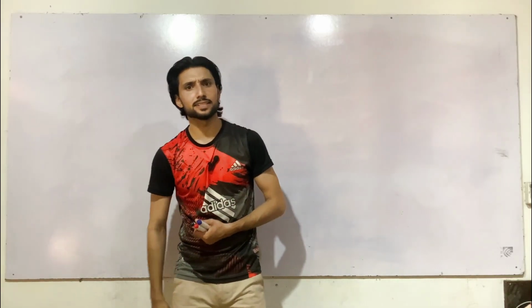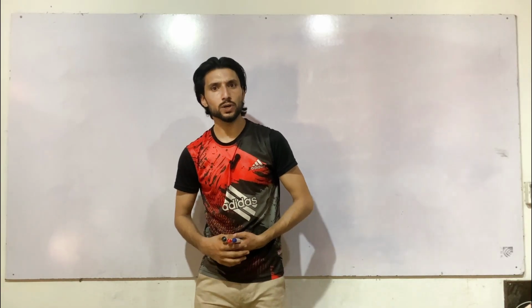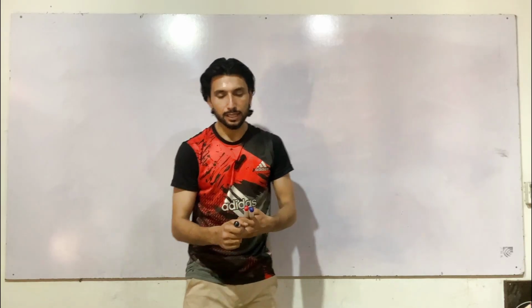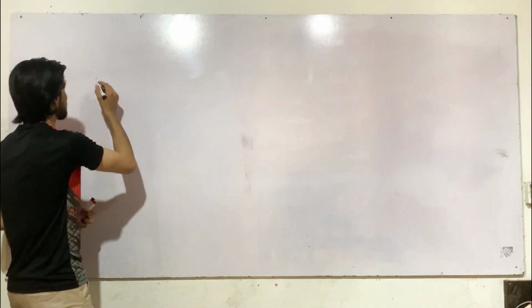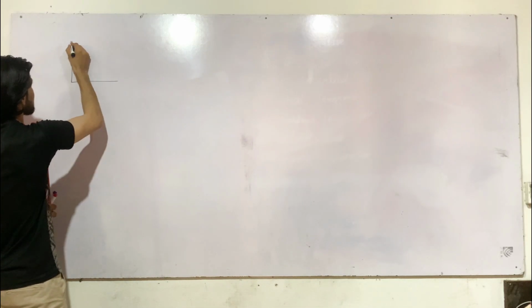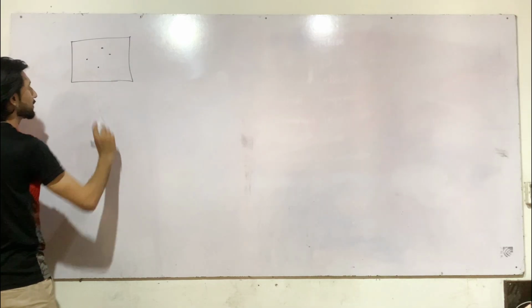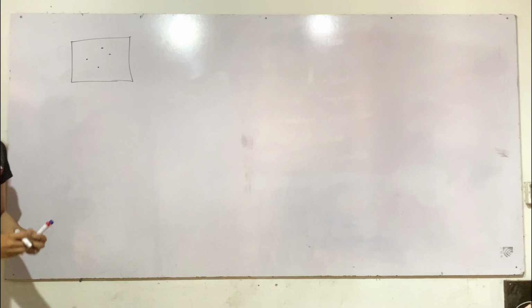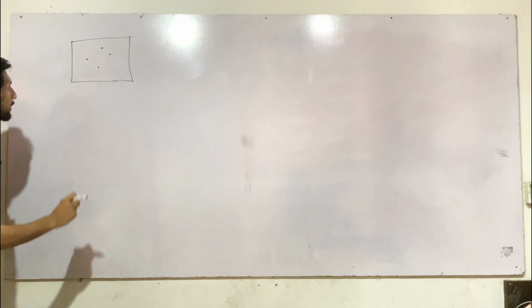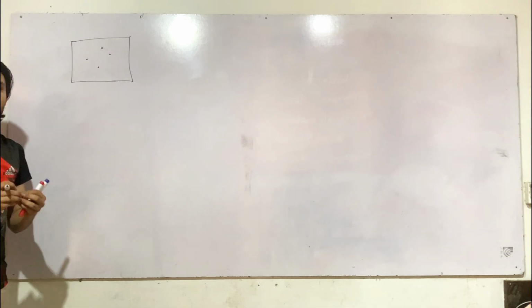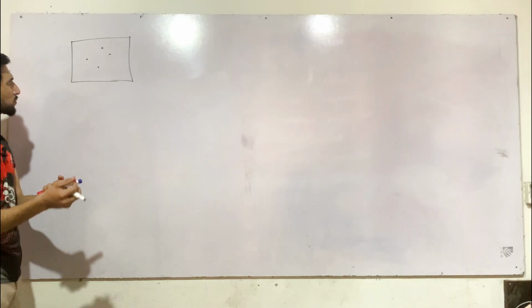The first thing is, let's discuss pressure. What is pressure? Here I'm supposing a box. I have some particles in it. They are in random motion, but they go in a straight line until they bounce off something.